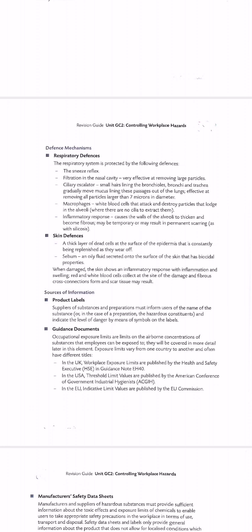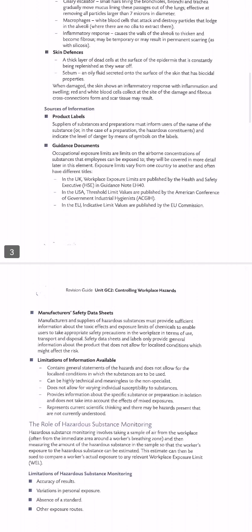Then for product labels, you're talking about the supplied substance. People should put the substances that they make these chemicals, creams or food items from on the label, right? Then we're talking about manufacturer safety data sheets. The sources of information should also have manufacturer safety data sheets.